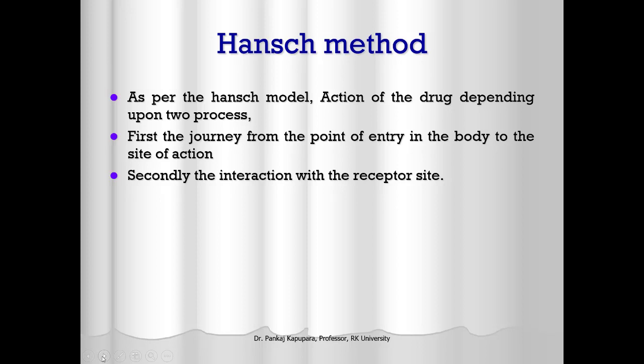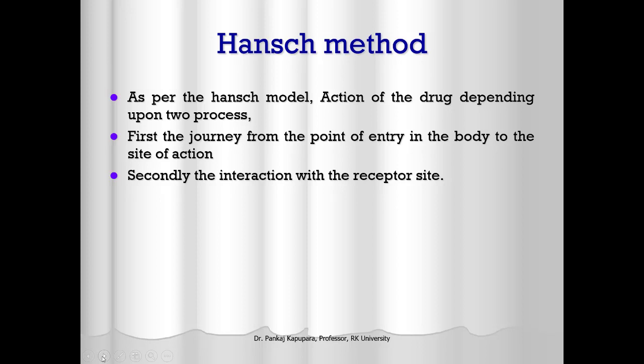As per the Hansch model, the action of a drug depends upon two processes. First, the journey from the point of entry in the body to the site of action, and secondly, the interaction with the receptor. Suppose a tablet dosage form is there, so it must enter the stomach, and then further distribute into the body via various transport mechanisms, and reach the particular receptor or site of action.